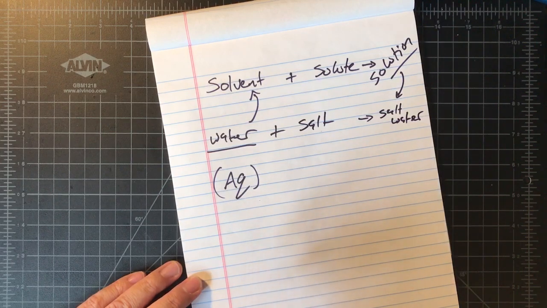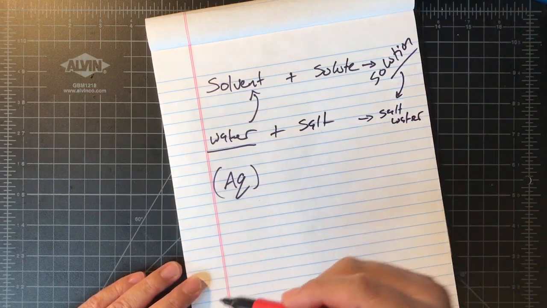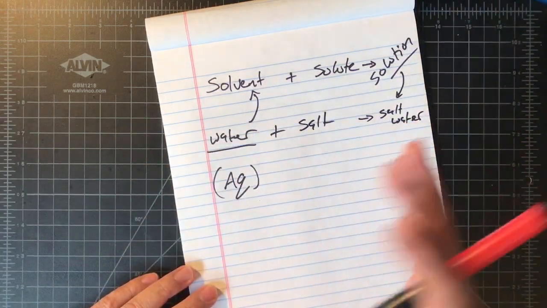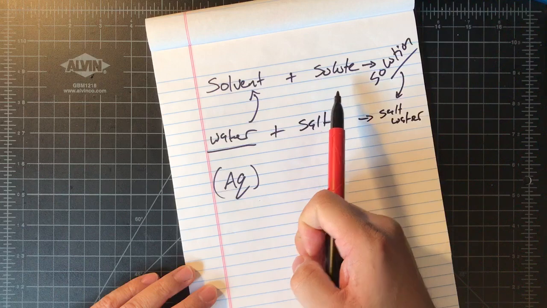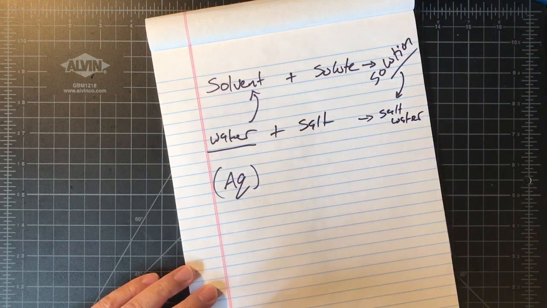The next factor that affects the rate of dissolution is agitating the solution, stirring it, shaking it. It helps disperse the solute particles with the solvent to create the solution a lot faster. Surface area is the next one.